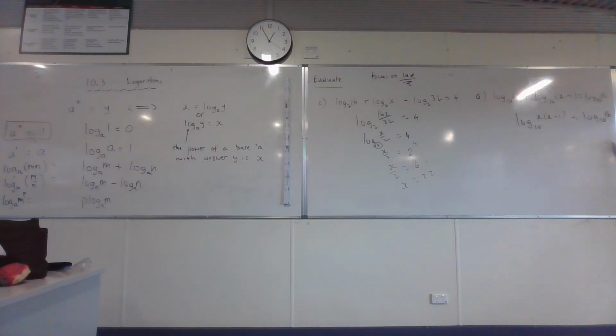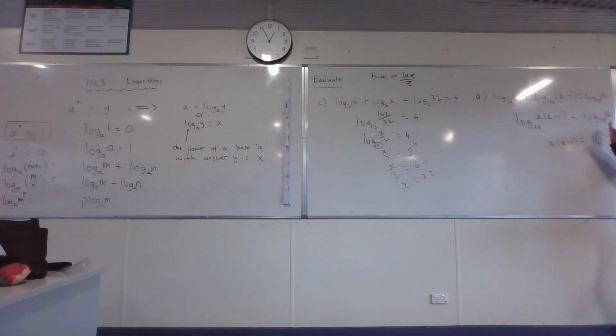Okay. Over here, there's a number of ways to do this one again, but we've got a log 10 on one side and a log 10 on the other side. What am I going to write next? 6x. Thank you.